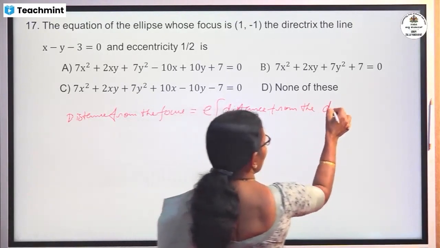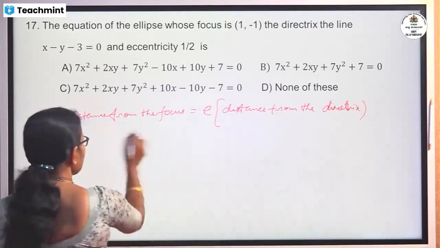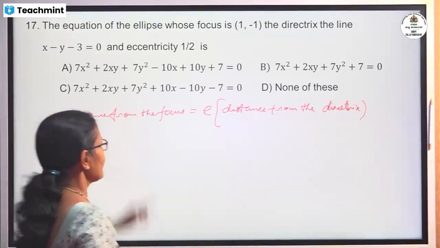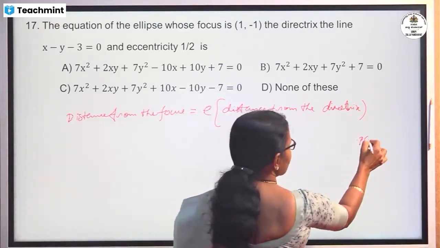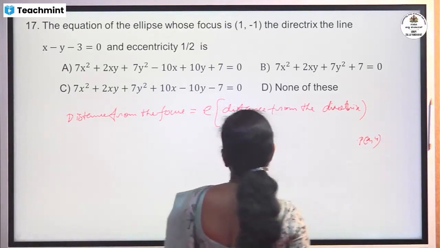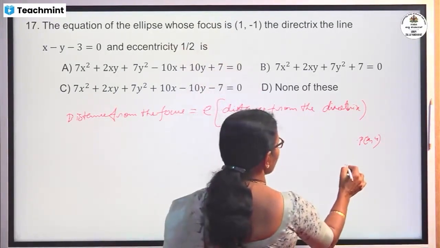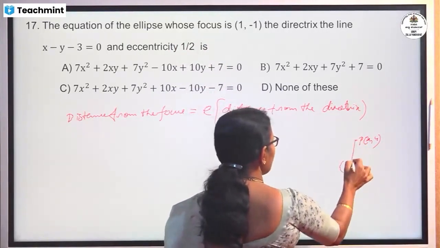Let P(x, y) be any point and the focus is (1, −1).